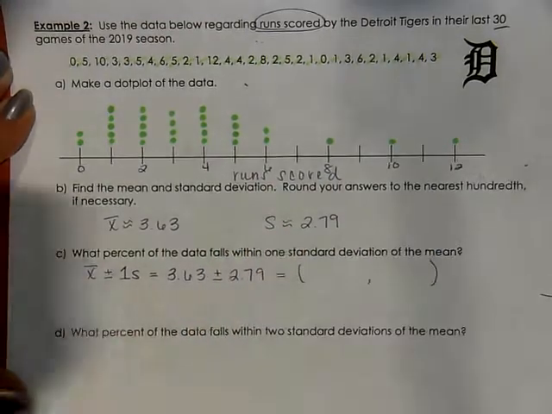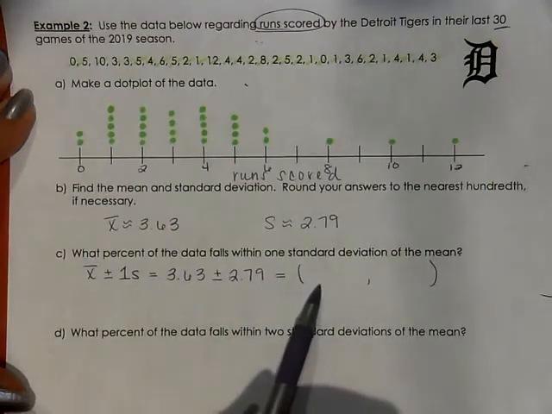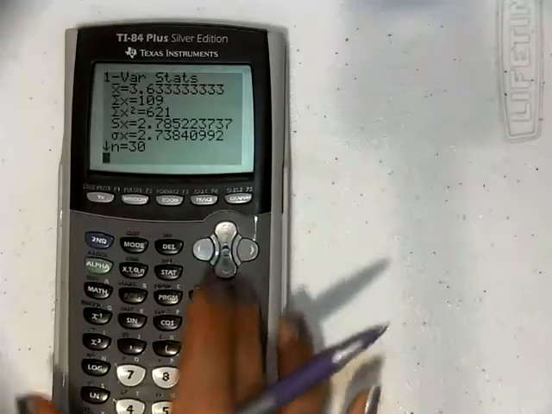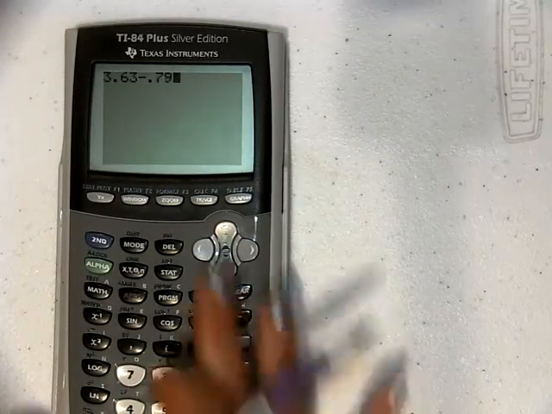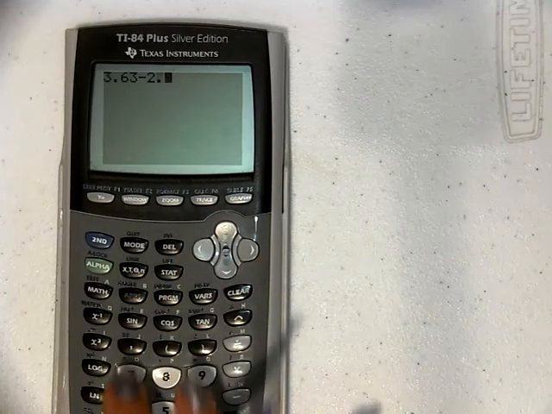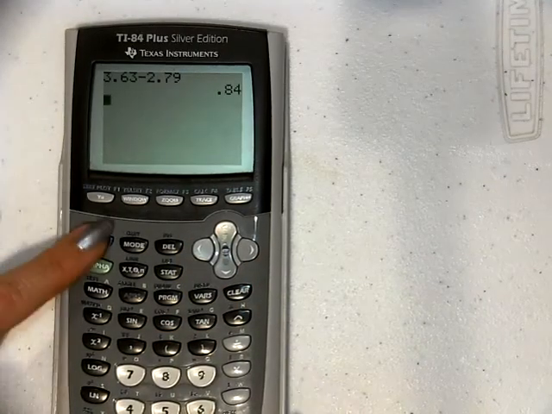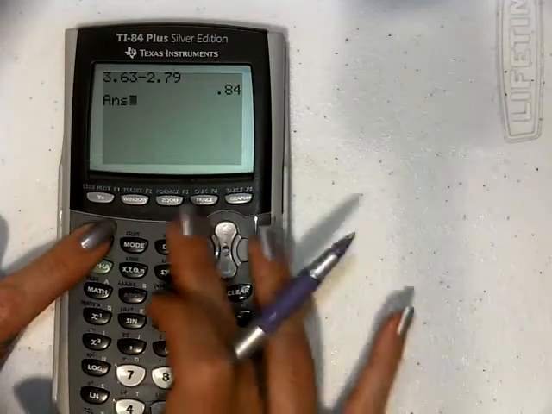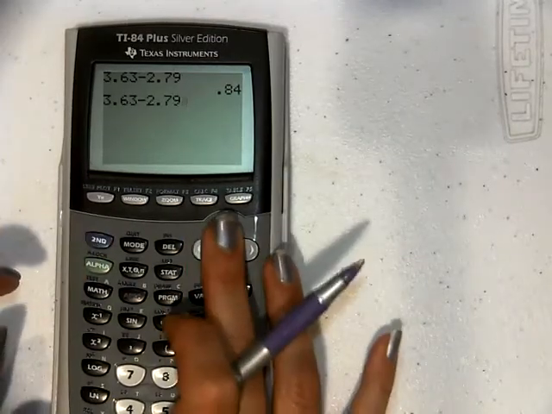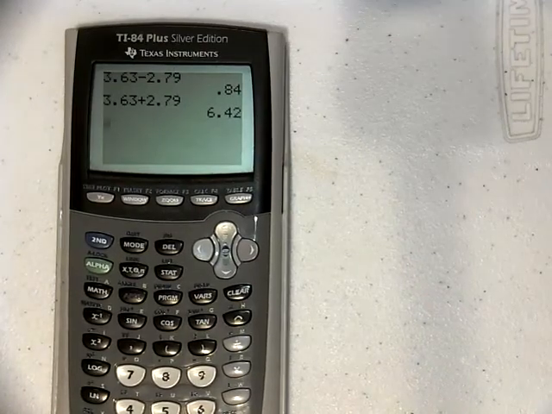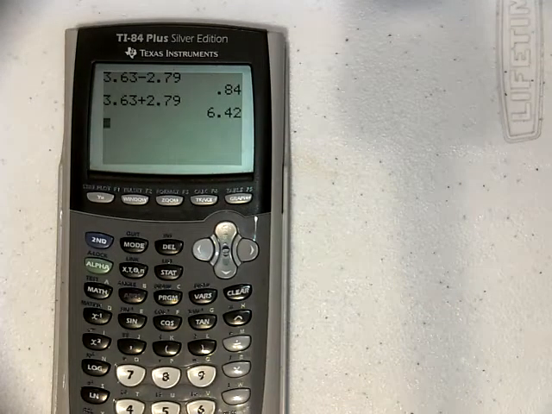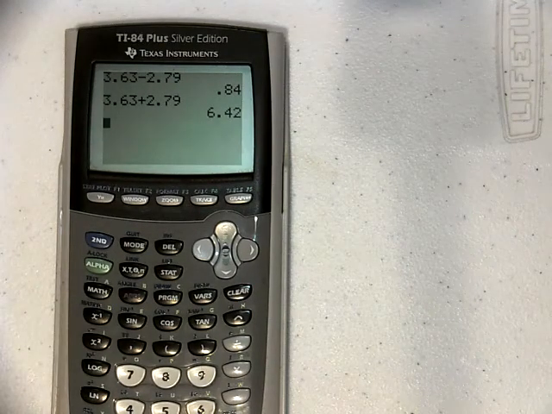So I'm going to get an interval of values. In order to get my lower bound, it's going to be 3.63 minus 2.79. And in order to get my upper bound, it's going to be 3.63 plus 2.79. So my interval is going to be from 0.84 to 6.42.